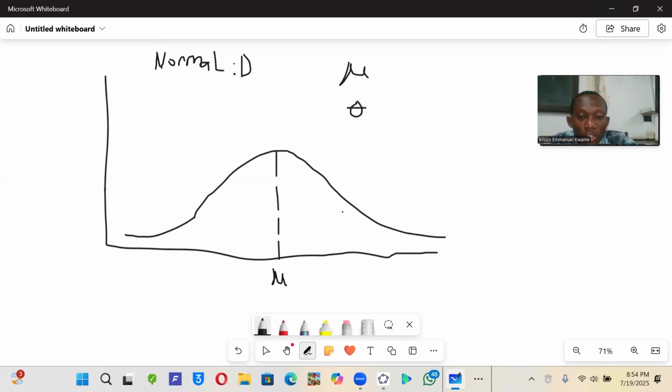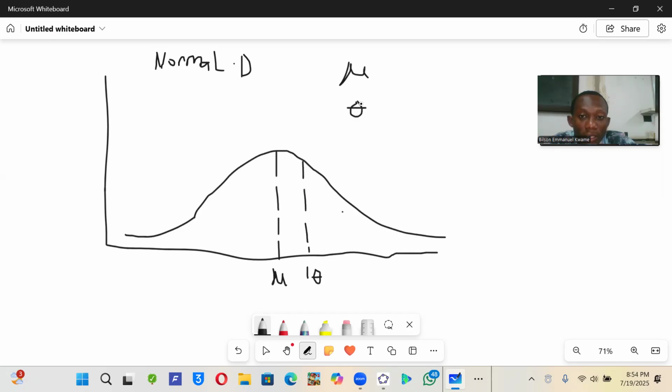On a normal distribution, this is what we have. We have the first deviation. We are going to call it 1, then theta, right? That is the first deviation. Some people normally use gamma, but in our case, I'm going to use theta.